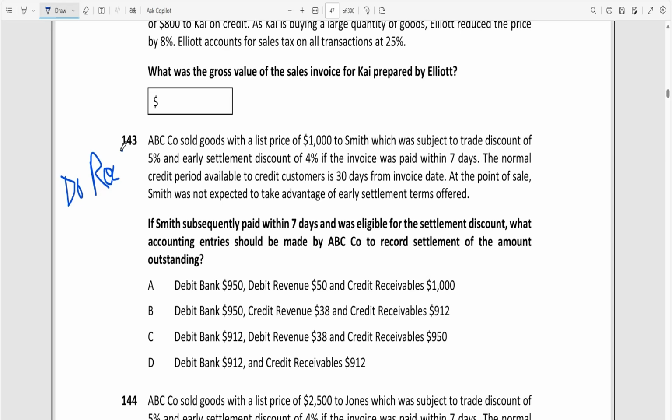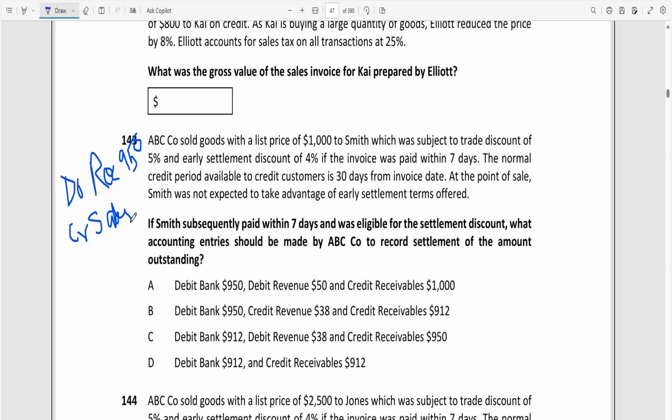So the remaining amount that we will receive from the customer is 950. And credit sales, the amount will be the same.